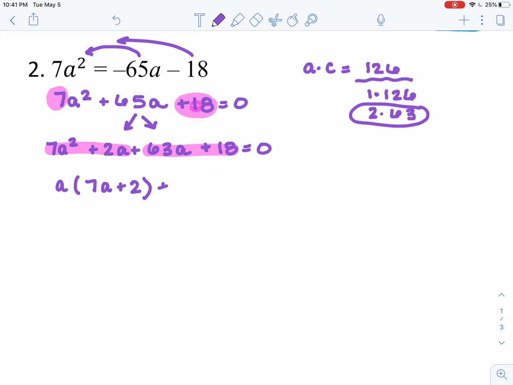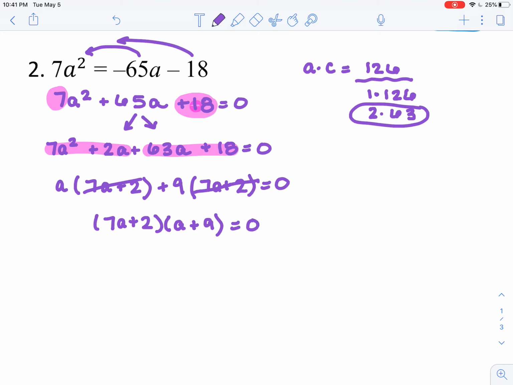The second set of terms have a GCF of 9, so I'm going to factor out a positive 9, and I'm left with, again, 7a plus 2. Then we factor our common parenthesis, so each term has a 7a plus 2, and when we take that away, we're left with a plus 9.